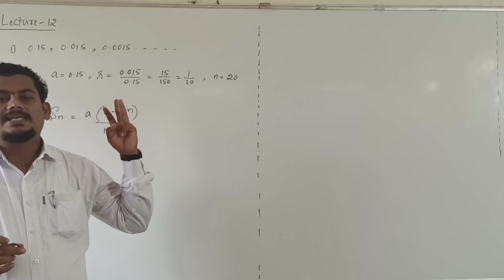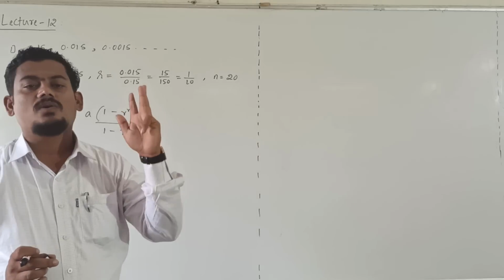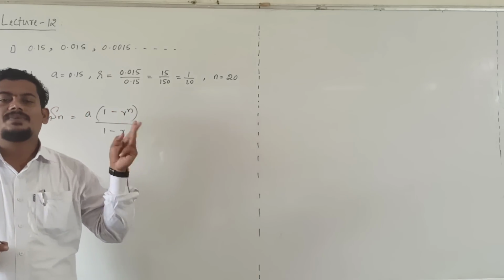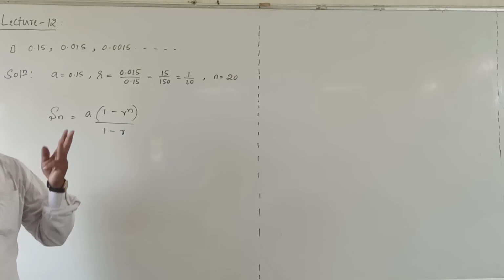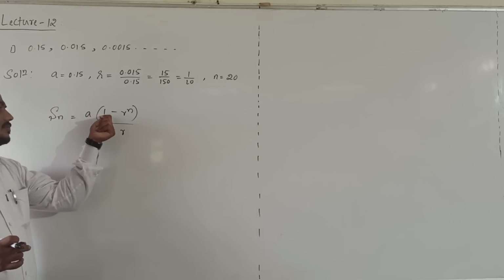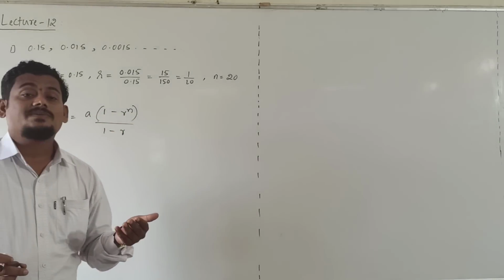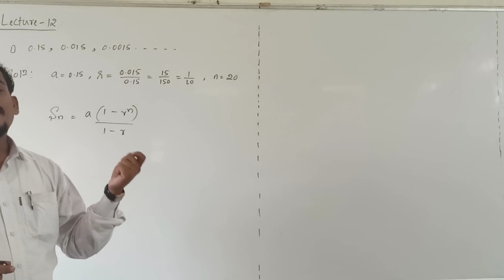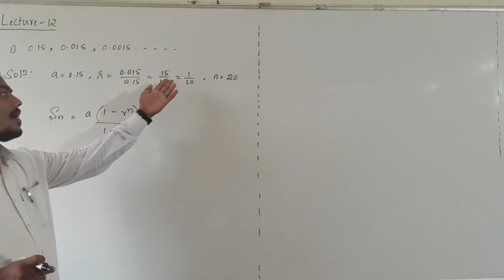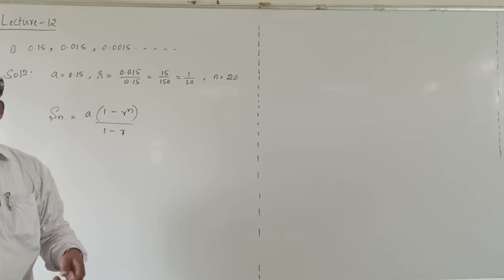First one, Sn equal to n a when r equal to 1, when the common ratio value is 1, then the sum of the first n terms of the GP is n into a. When r value is less than 1, then the Sn formula is a into 1 minus r power n divided by 1 minus r. When r value is more than 1, then it will be a into r power n minus 1 divided by r minus 1. In this case, the common ratio value 1 by 10 is less than 1.